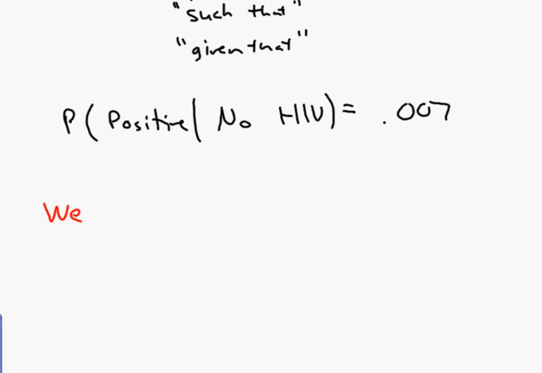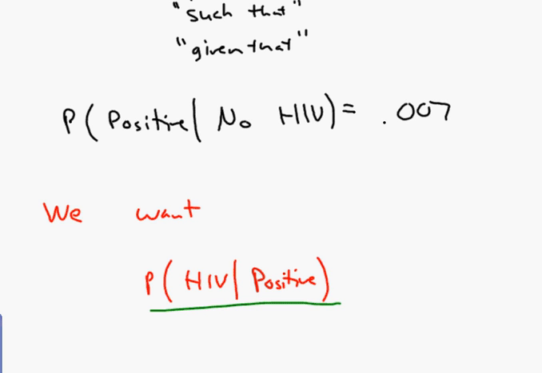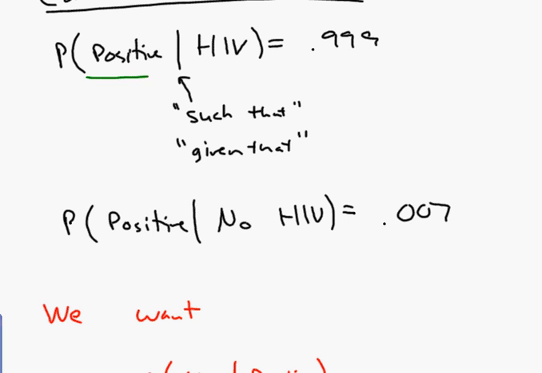We want the probability that someone has HIV given they got a positive test result. And one of the most common misunderstandings is that this probability, the one that we're interested in, is the same as that probability.